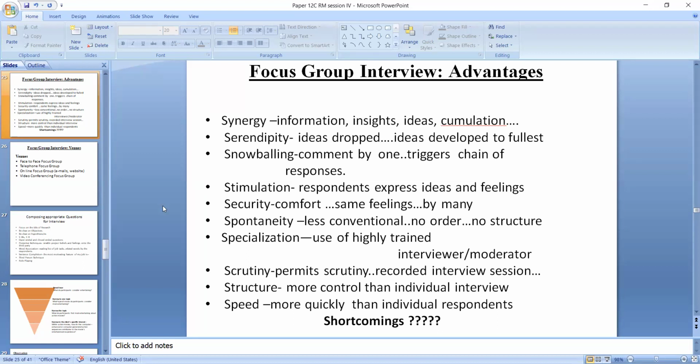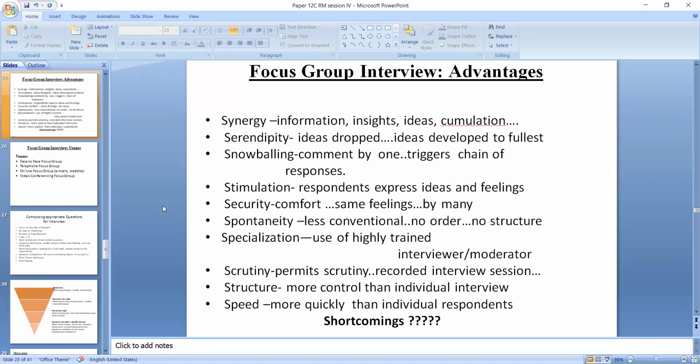So highly specialized interviewer moderators are many times required. Scrutiny you can do in detail. More control than individual interview. In individual interviews, people are more conscious and cautious. In group interviews, comparatively, they are free. And speed: more quickly you can finish the interviews.